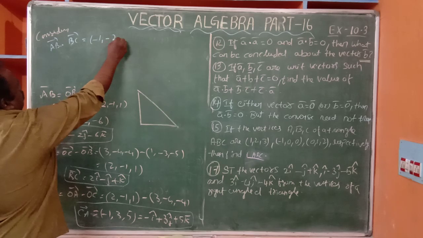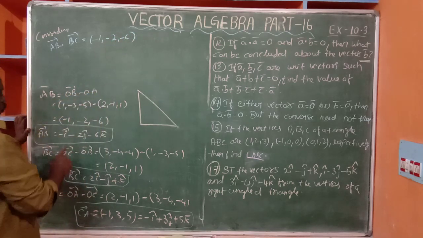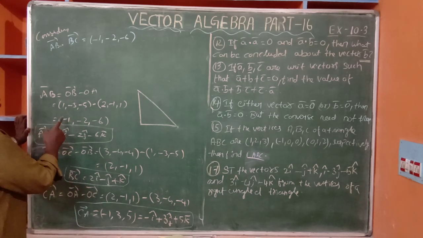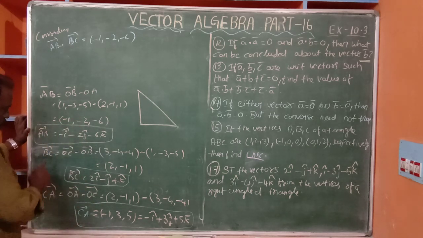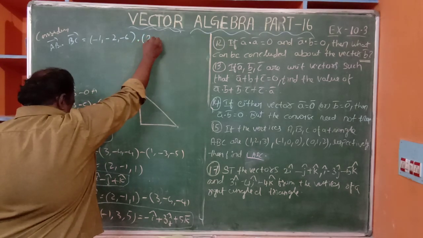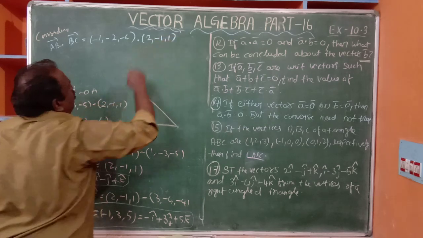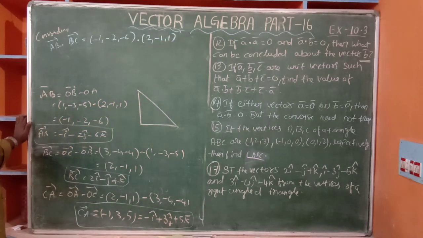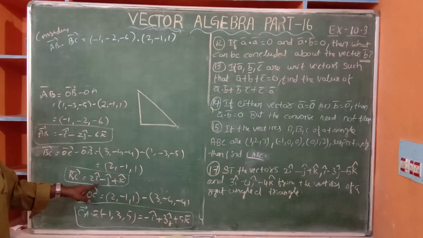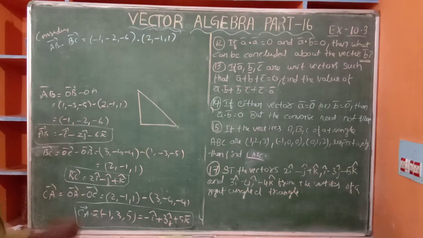AB bar is minus 1, minus 2, minus 6. Take the coordinates. And BC bar is 2, minus 1, 1.